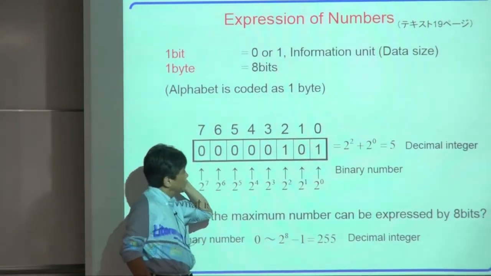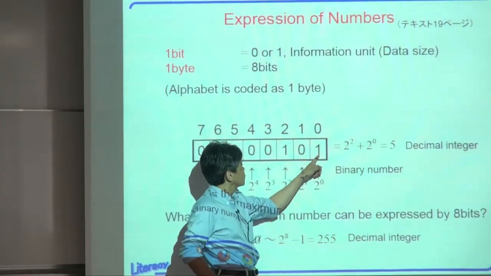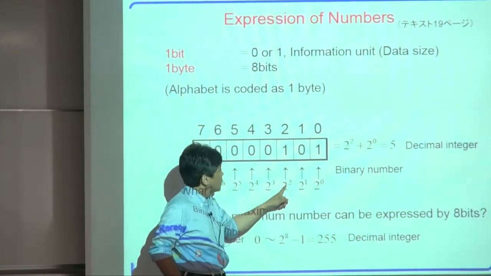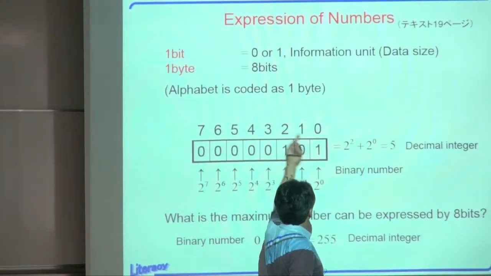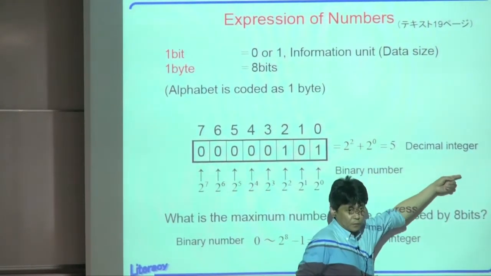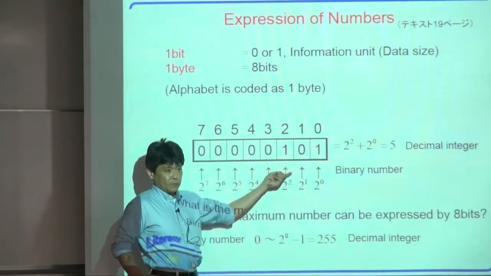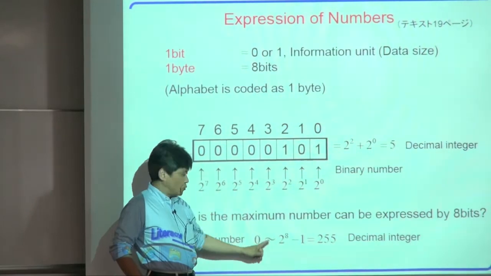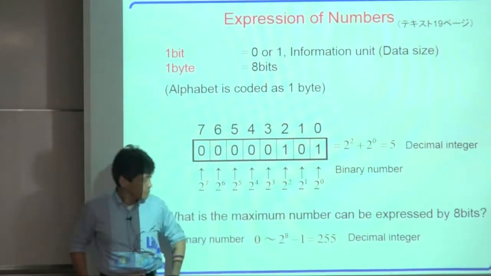In this case, this place is 1 and this place is 1, which means 2 to the second power plus 1. So totally, this number means 5 as a decimal number. If you prepare 1 byte, 8 bits, you can treat integer numbers from 0 to 255. Can you understand?